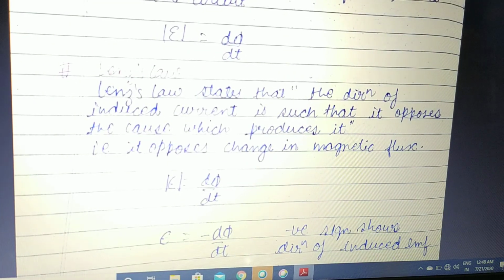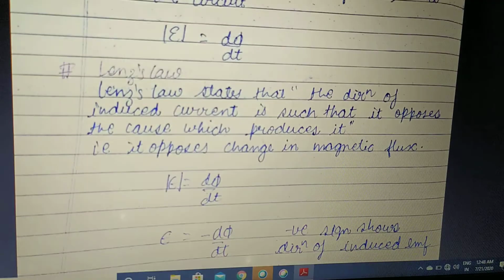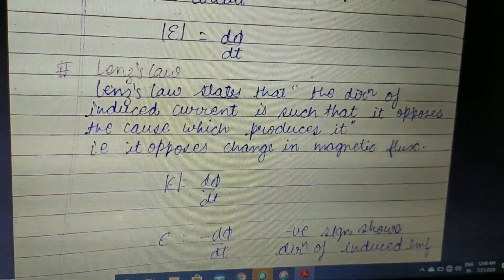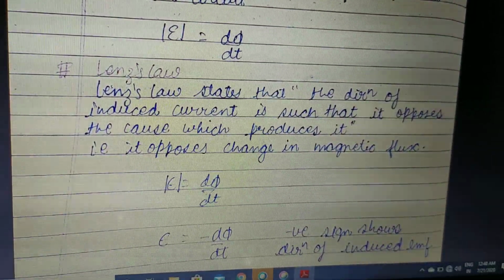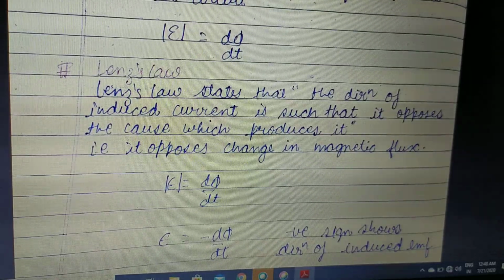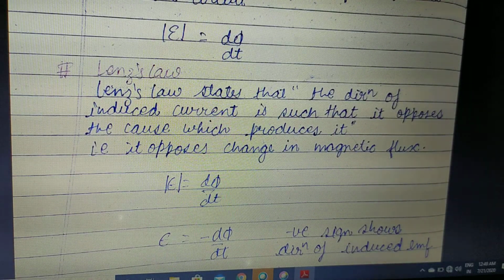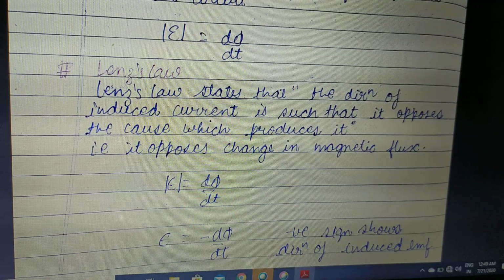Now let us see what the Lenz law is and what it states. Basically, the Lenz law gives the direction of the EMF which is induced due to change in magnetic flux. This Lenz law states that the direction of induced current is such that it opposes the cause which produces it.